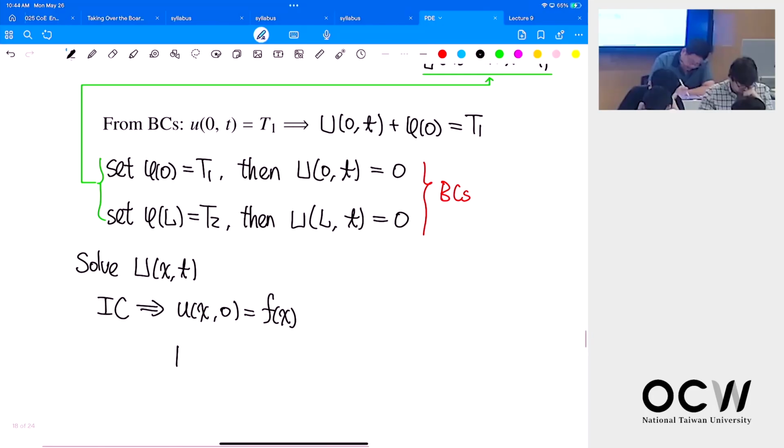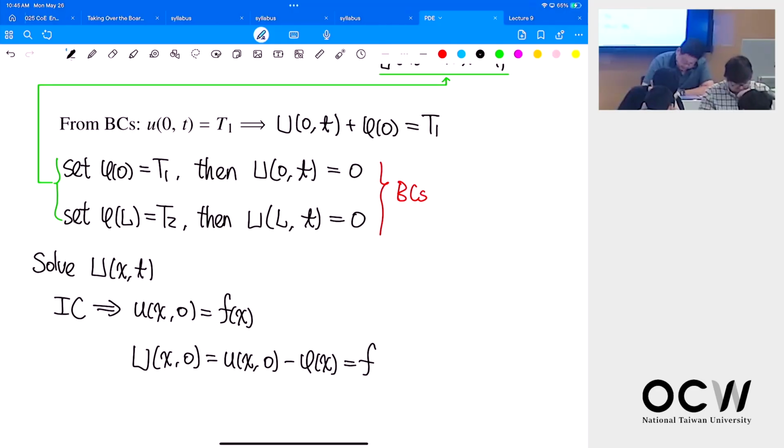So the capital U at time equals 0 is u of x, 0 minus phi of x. So it's f of x minus phi of x. It's still a function of x.